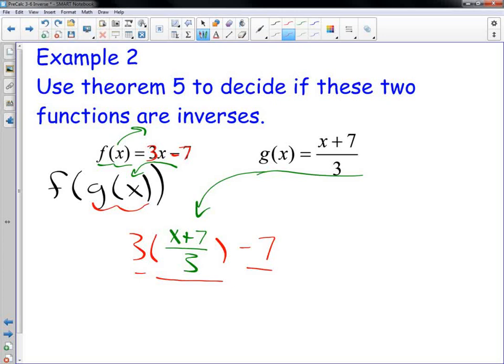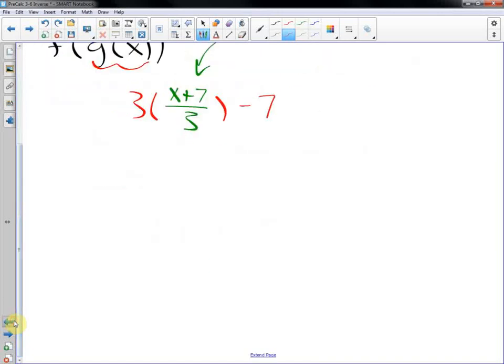All right. So what we should end up with if these are inverse functions is just x. If I simplify this, I should get x out. What do I need to do first? What happens to the 3's? The 3's cancel out, leaving me with x minus x plus 7 minus 7.